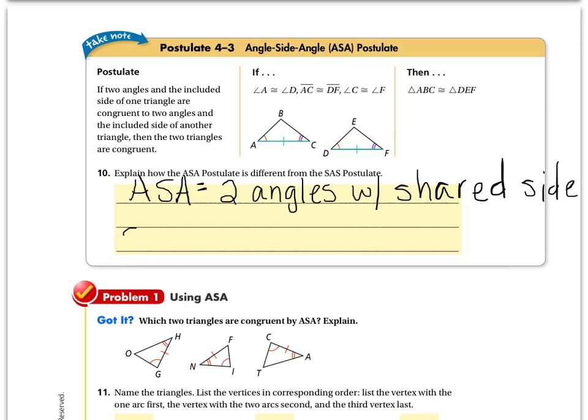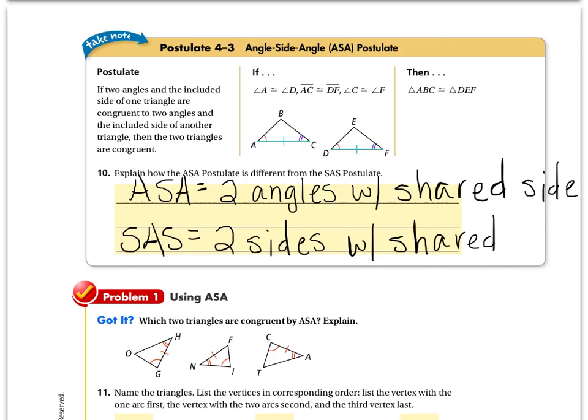In side-angle-side, it's different because we're talking about two sides that share an angle. Two sides with a shared angle. That's the difference between the two.